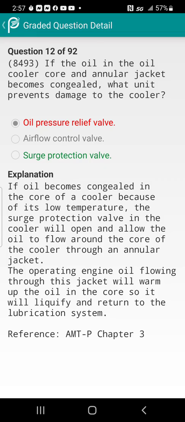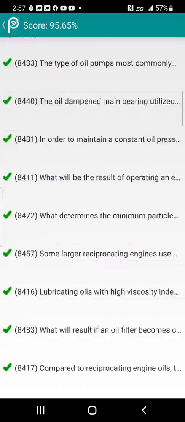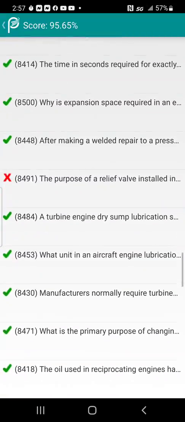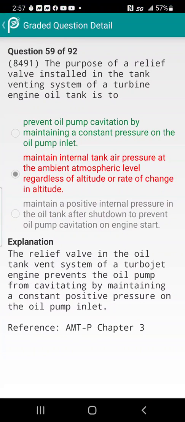The surge protection valve. The purpose of the relief valve installed in the tank venting system of a turbine engine oil tank is to prevent oil pump cavitation by maintaining constant pressure on the oil pump inlet.